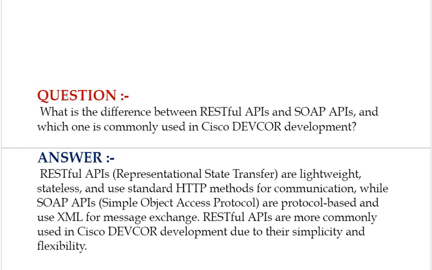Your answer should be: RESTful APIs, that is, representational state transfer, are lightweight, stateless, and use standard HTTP methods for communication, while SOAP APIs, that is, Simple Object Access Protocol, are protocol based and use XML for message exchange. RESTful APIs are more commonly used in Cisco DevCore development due to their simplicity and flexibility.